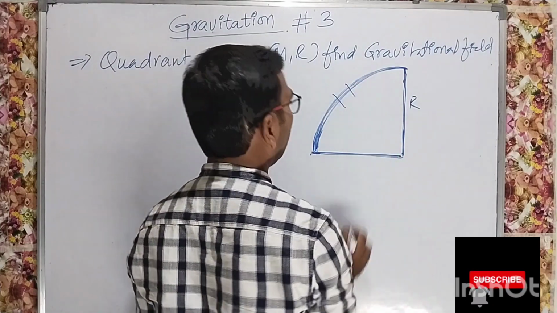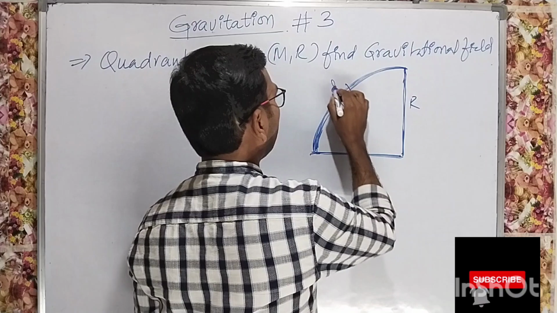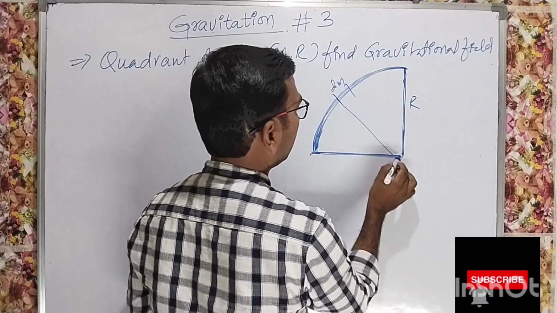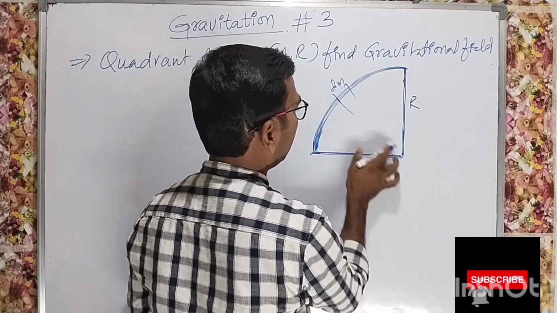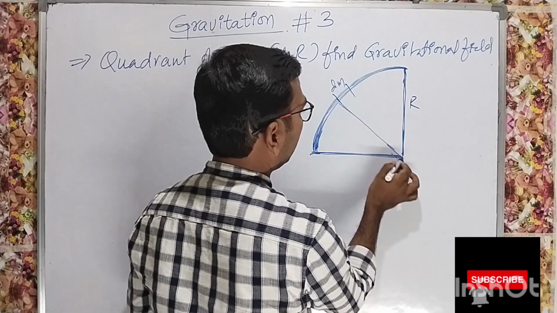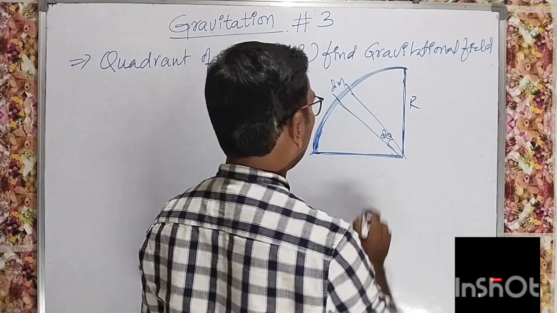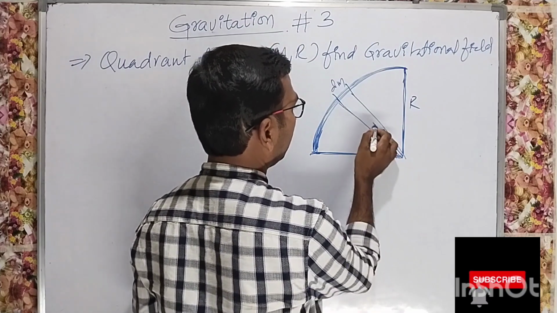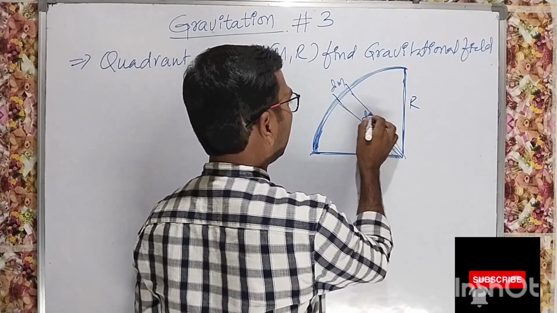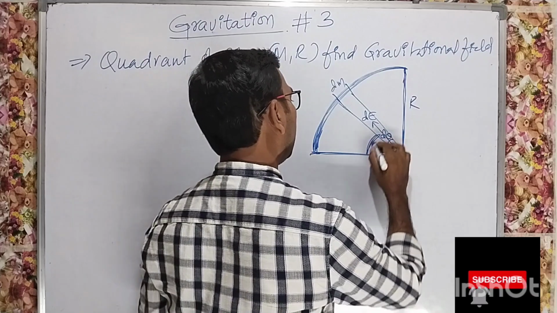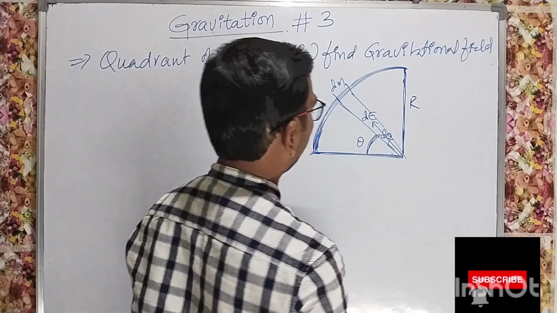Suppose I consider a small element of mass dm here. The angle subtended at the center is d theta. Here the gravitational field acts in this direction, that is dE, which makes an angle theta with the horizontal.